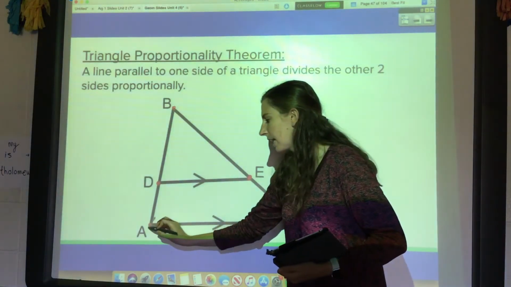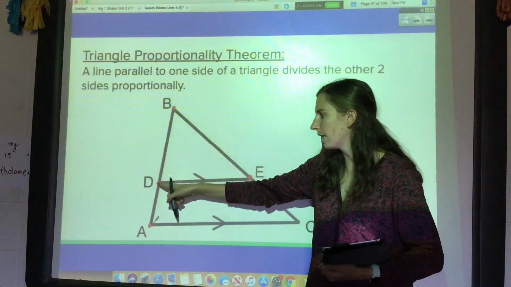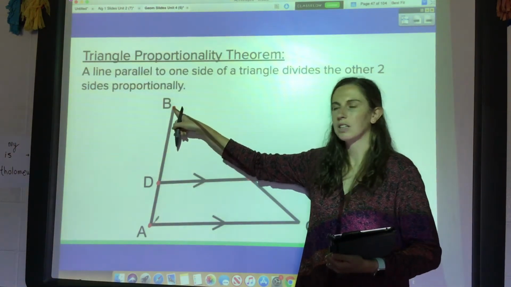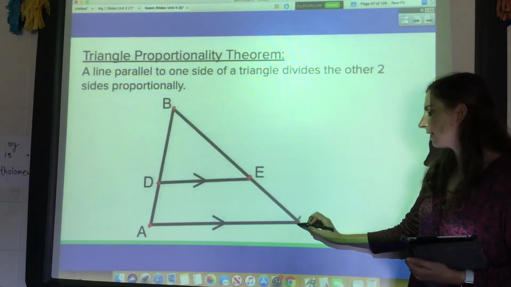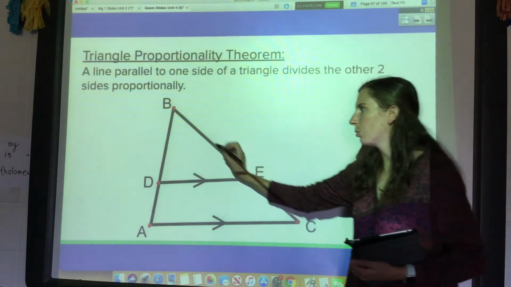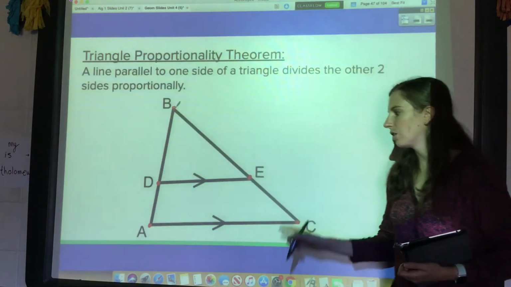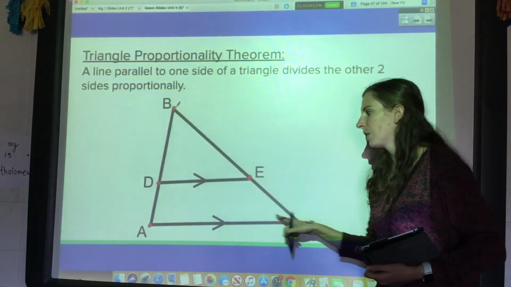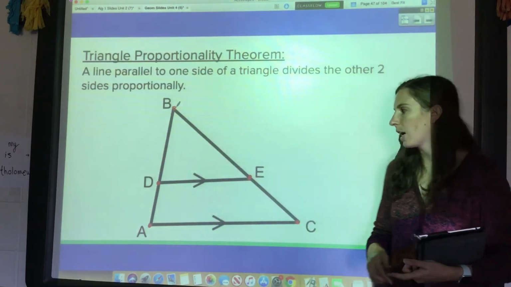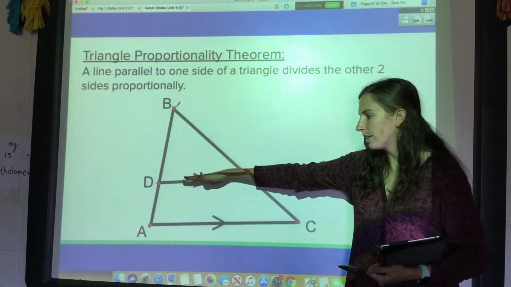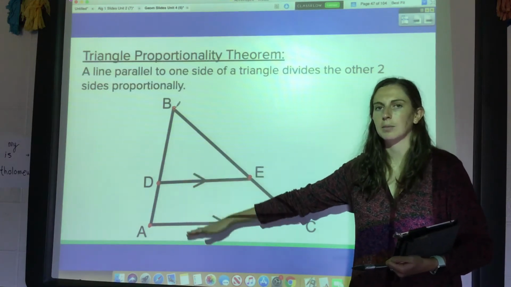And you would know because if you connected the image to the pre-image, it would go through the center of dilation and connect this image point to that pre-image point. It would go through the center of dilation, and it forms kind of these triangles here. And we've talked about how when you dilate, these line segments are always parallel.